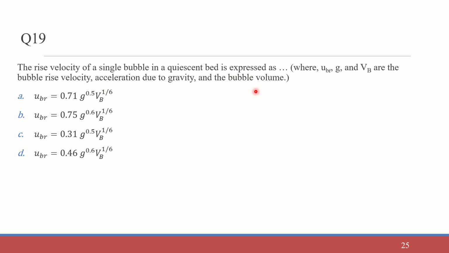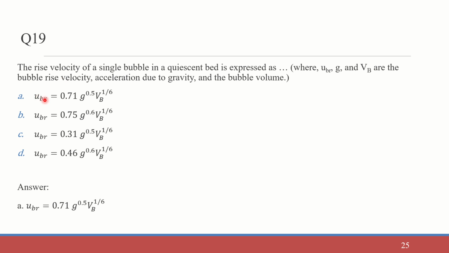So answer is, as we all know, option A, I guess. UBR, that is the bubble rise velocity, is equal to 0.71 times square root of G, that is acceleration due to gravity, G to the power of 0.5, into VB, that is the bubble volume, to the power of 1/6.